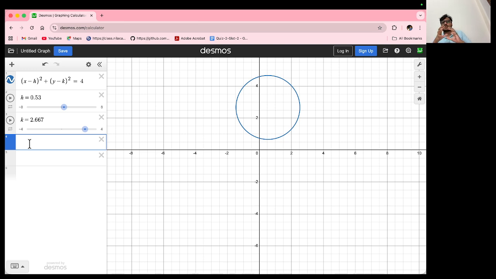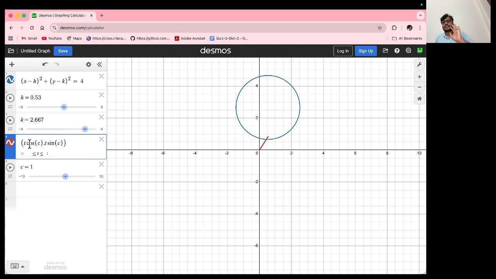Now, another thing I will do is add the polar coordinate concept. I want some sort of rotating visualization on top of this moving circle. To add that, I will write my polar coordinates expression. Here the polar coordinate vector has the origin as its starting point.